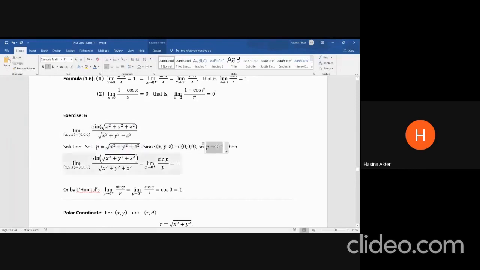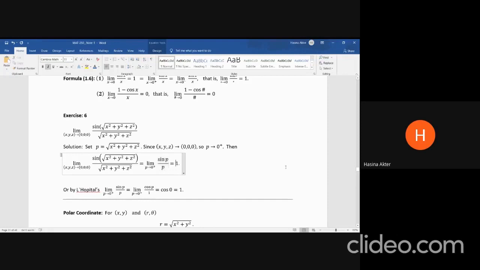Then this thing gives you this. It's not rho, it's P. They are the same, and P approaches 0, doesn't matter from left or right. So this is 1.